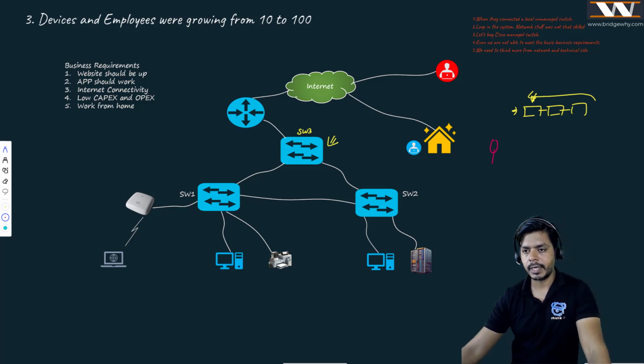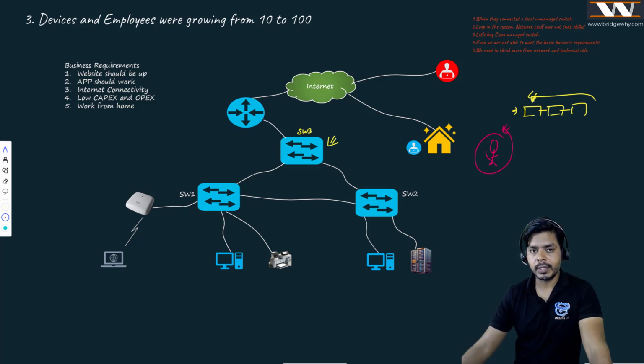So Mr. Network Engineer, and this is the story told by Anjali to Rahul, once there was a big outage. The meaning of the big outage is that for a considerable period of time this website was not up and running. Even the people inside this company itself, inside this floor itself, were not able to reach each other.